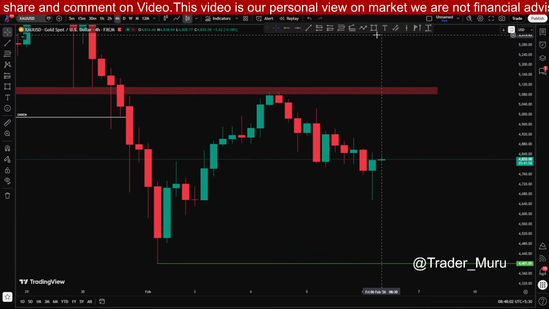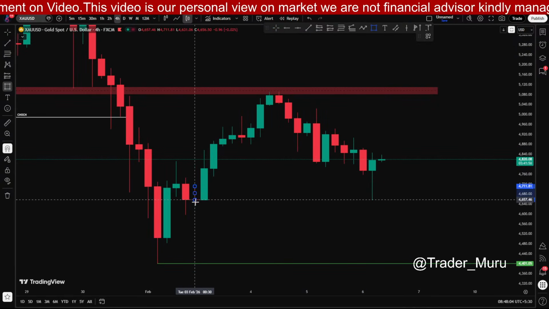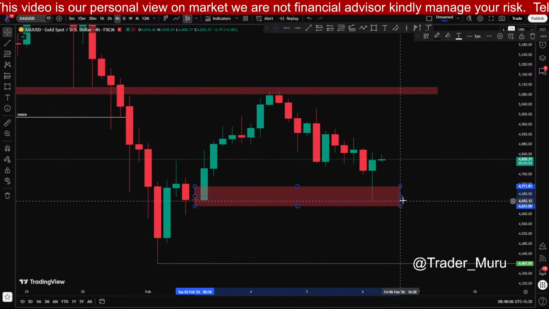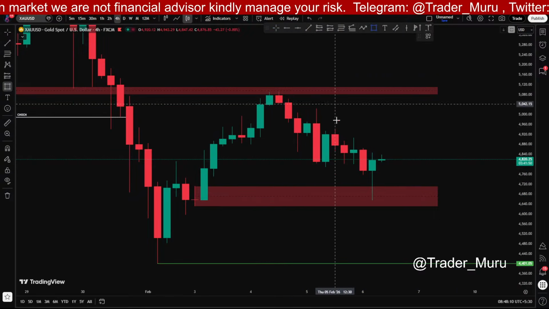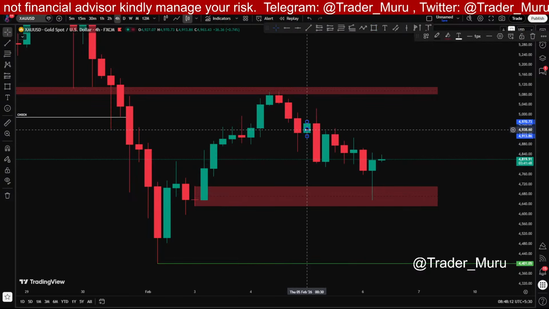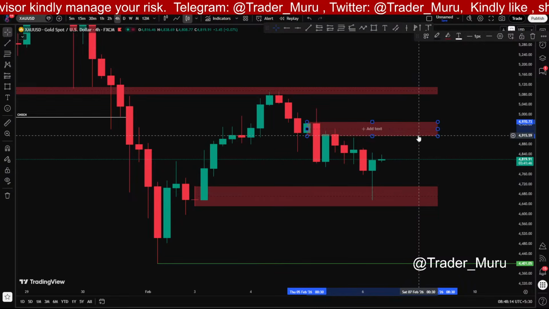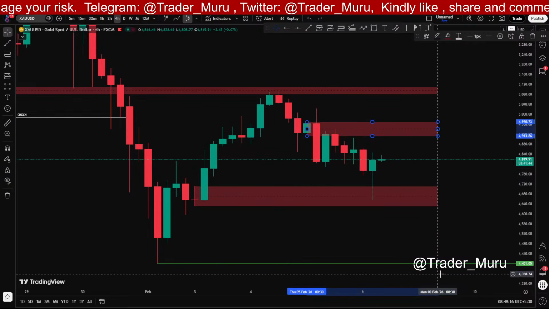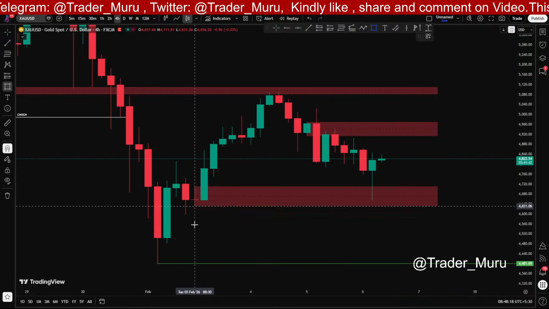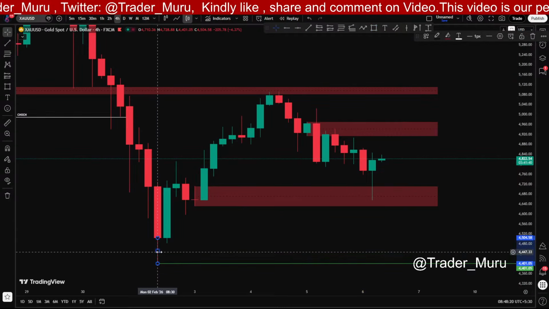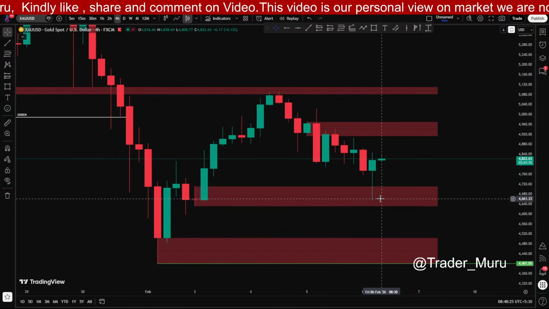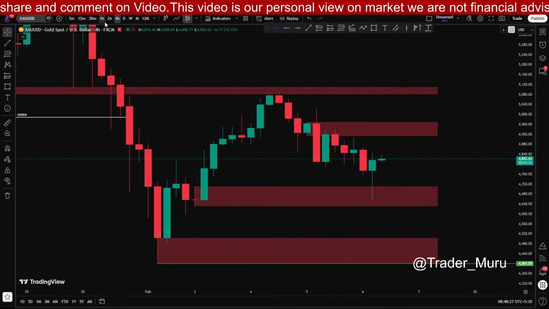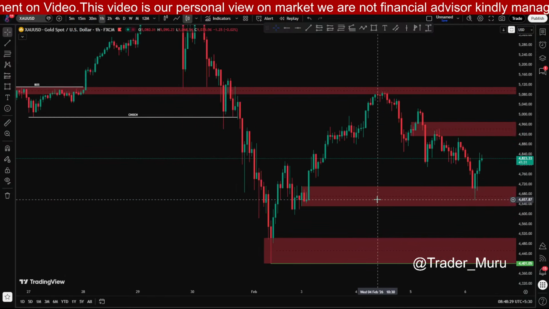Right now it has tested a demand zone. So it is bouncing, but we have this supply area still here. Until this breaks, it is bearish and we will see 4500 as our target here. Why is price bouncing here? We will see it in the 1-hour time frame.